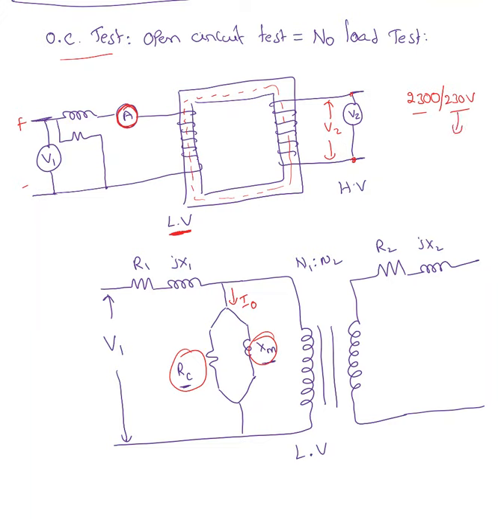The first advantage is it's low voltage. Probably it is available in the labs, and getting 2300 volts might be a little difficult. You can use another transformer, a step up transformer, to do that, but you would need that other transformer to step it up or step it down.